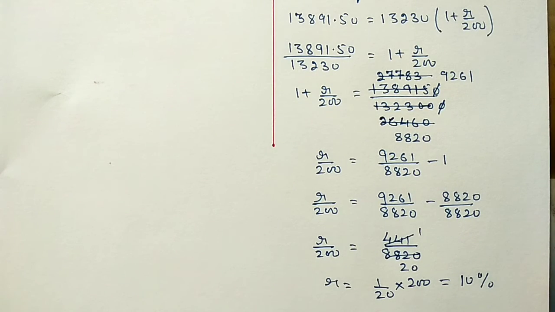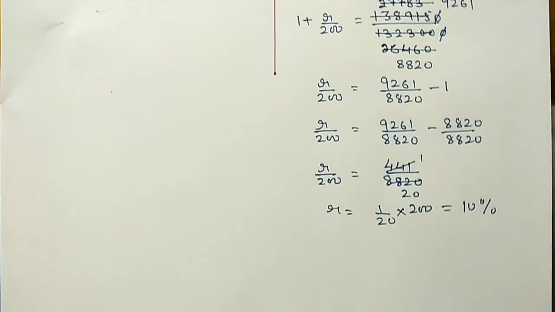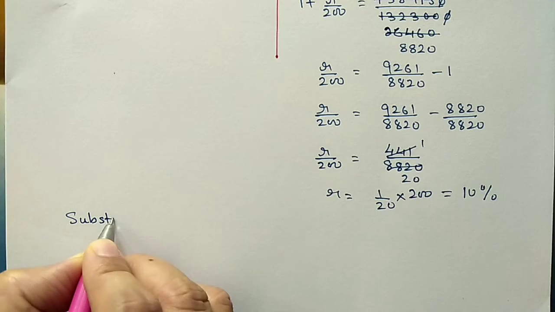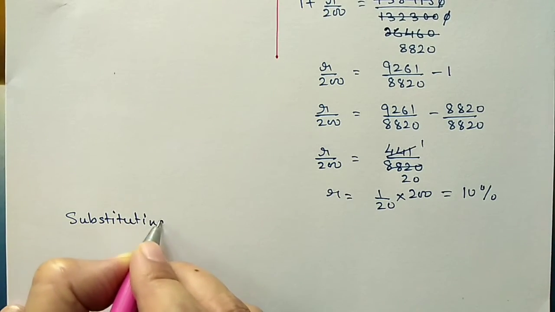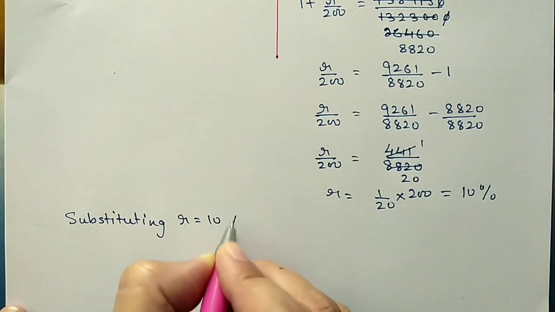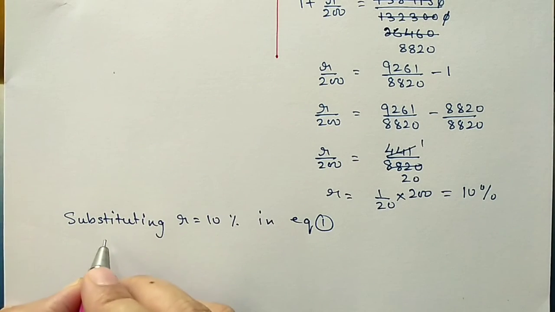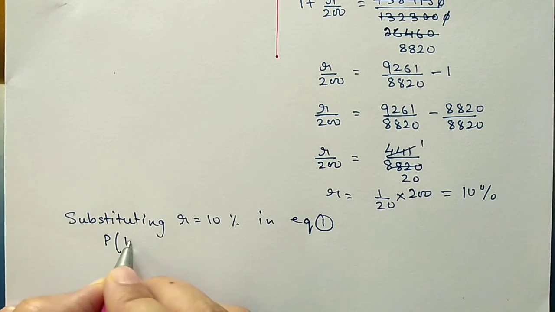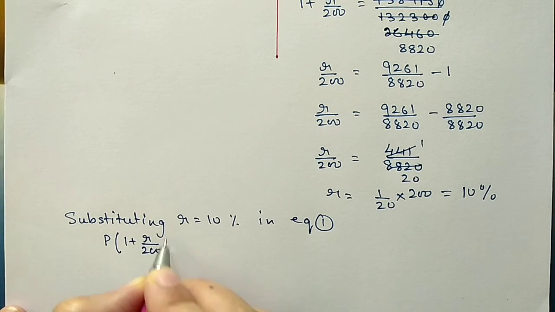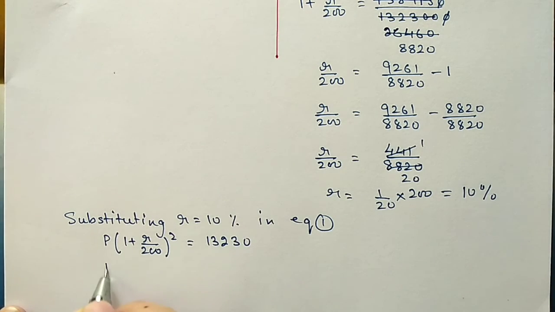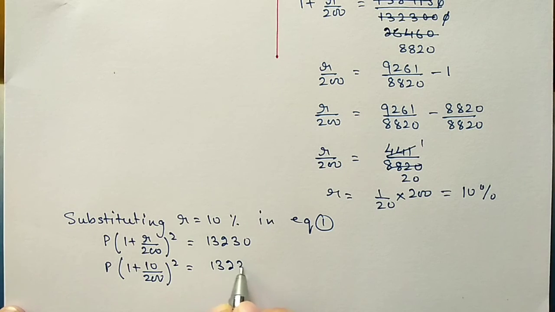Now this r value we can substitute in equation 1 or equation 2. Equation we have, first equation we have P (1 plus r by 200) to the power 2 equal to 13,230. Now P we have to find out. P (1 plus 10 by 200) to the power 2 equal to 13,230.